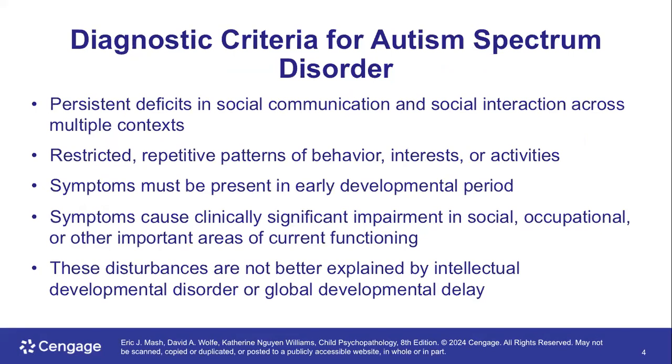So when we talk about deficits in social communication and social interaction, that comes in the form of both linguistic challenges, because about half of individuals on the autism spectrum are nonverbal, and the other half might struggle with social relationships. We talked about the repetitive pattern of behavior, interests, and activities. A person might want the same food over and over and over.